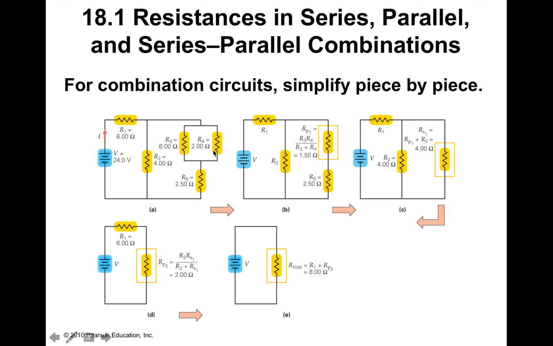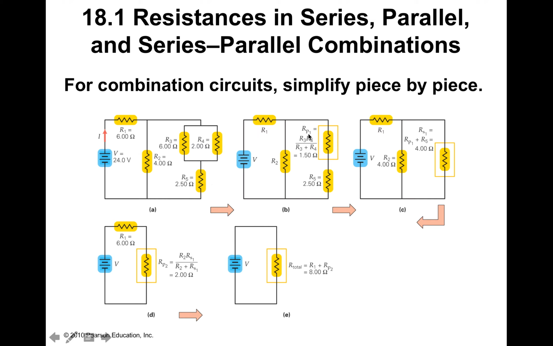So if they're in parallel, I've got 1 over R, which is what they're doing here. Well, they're multiplying and dividing by the sum, which is an old electrician's trick, which works great if you have two of them. If you've got more than two of them in parallel, that doesn't work. So you've got R3 and R4. You figure out what that resistance is.